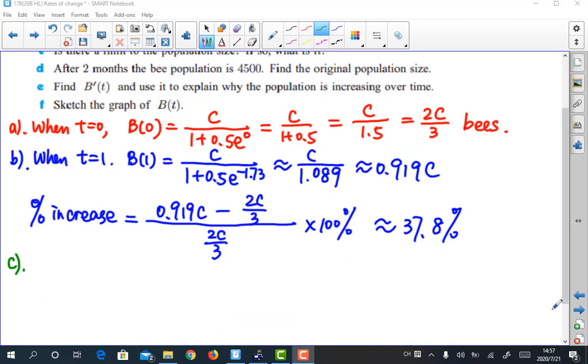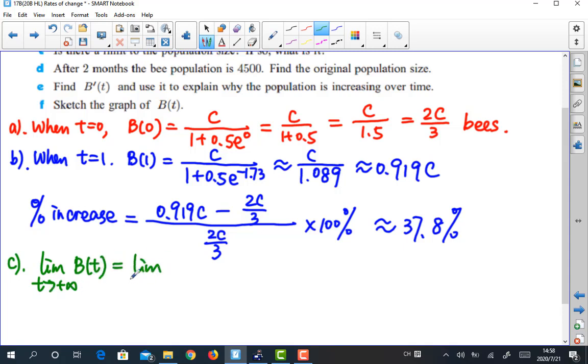Think about how to solve question C. Is there a limit to the population size? What does that one mean? This one means I need to look for the limit when t approaches positive infinity. When t is getting larger and larger, is there a limit to the population size? So what is the limit of B of t when t approaches infinity?